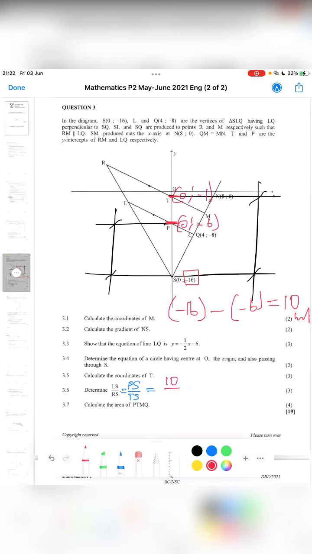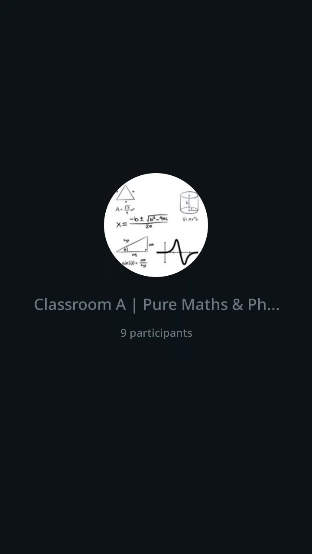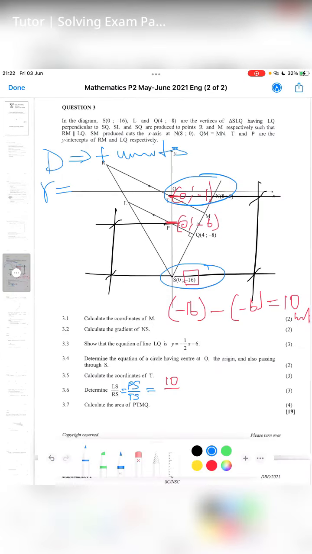Let's now do TS. What is TS? So it's there, -10. Remember, distance is always positive units, just like with the radius, R. R is also positive units.